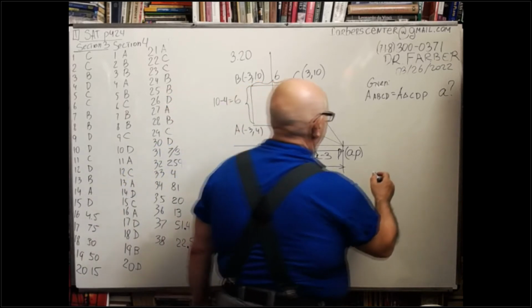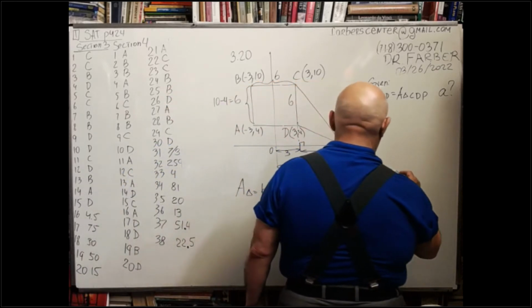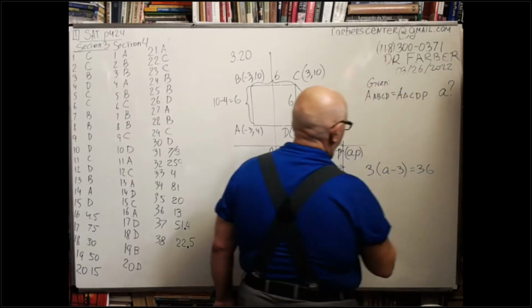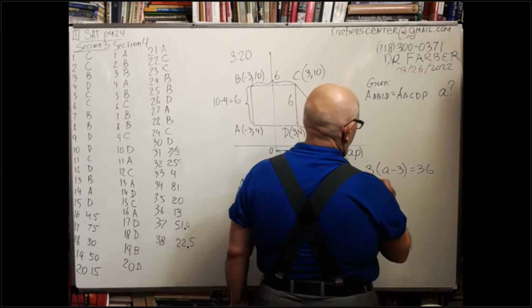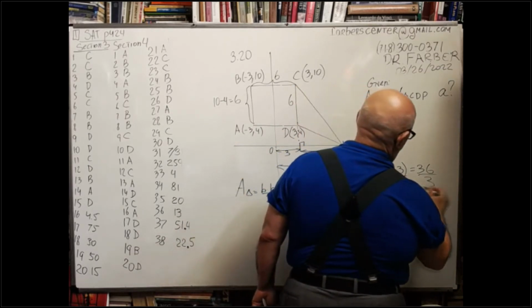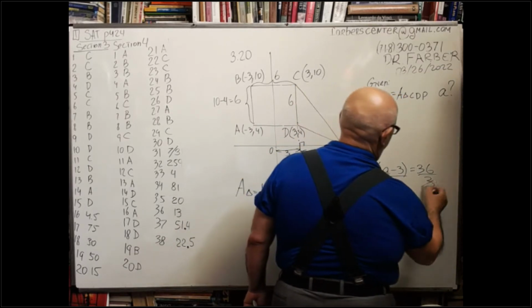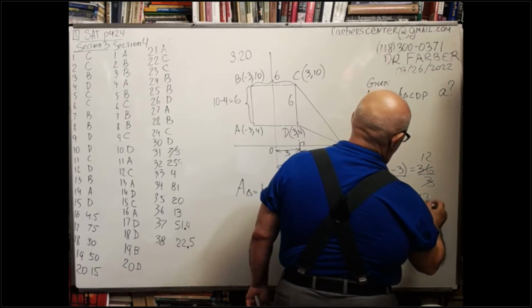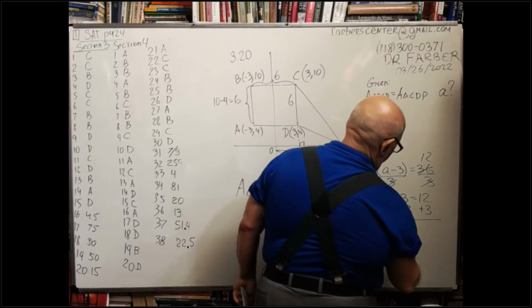And you have 3 times (A minus 3) equals 36. You divide both parts by 3. Cancel, cancel. 12. A minus 3 equals 12. Plus 3, plus 3. A equals 15.